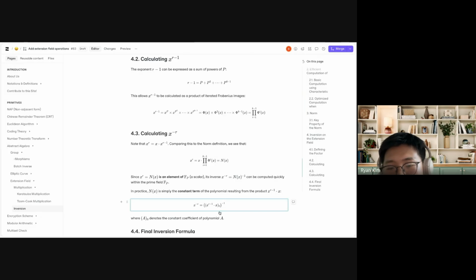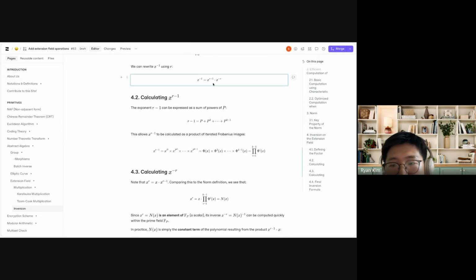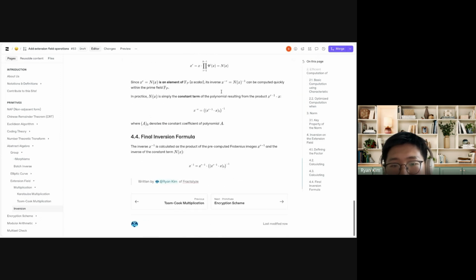I use this notation for the constant term. This is the way to get the right part of this. Then all the terms are computed, and that's how the inverse of an extension field element is computed.